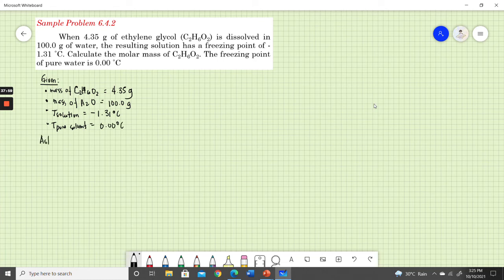Ang itinatanong ngayon is what is the molar mass of C2H6O2. I mean, you can do the normal table of elements, look for the atomic weight of each and then just add them after multiplying by however many atoms of each element you have. But in this case, let's use the colligative property data.